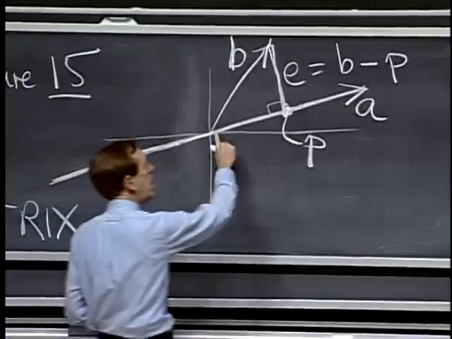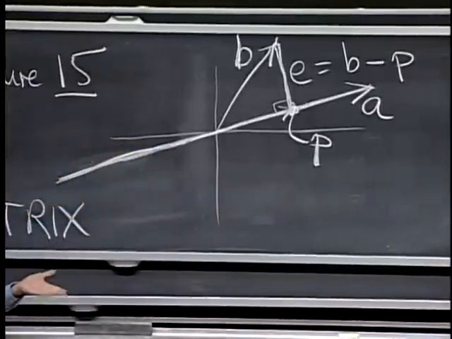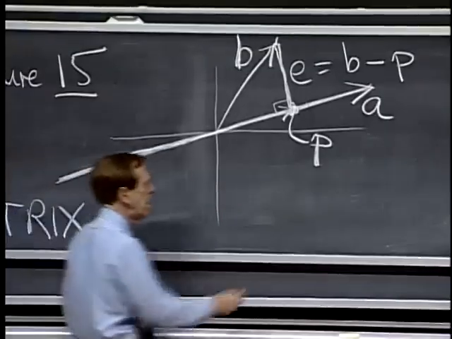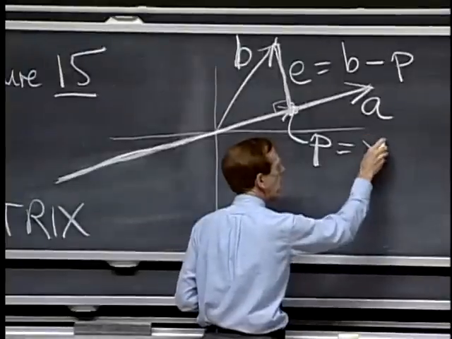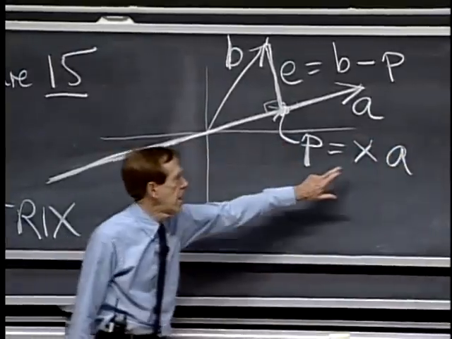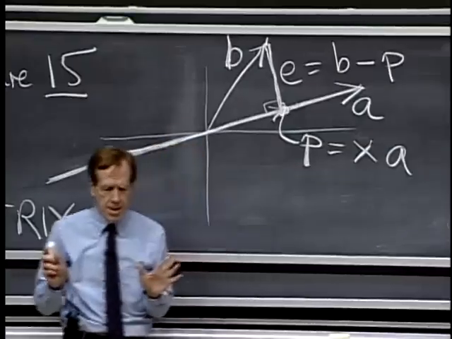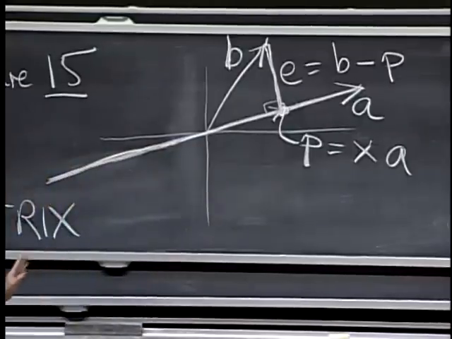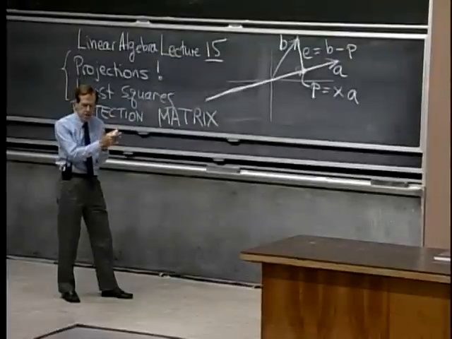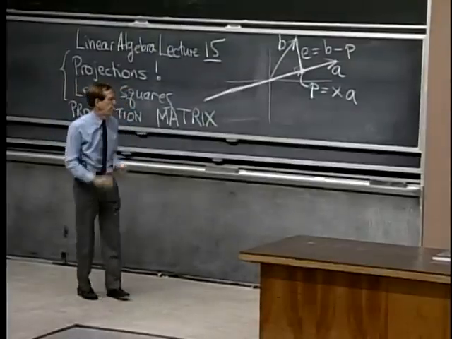We know that P, this projection, is some multiple of A, right? It's on that line. So we know it's in that 1-dimensional subspace. It's some multiple, let me call that multiple x, of A. So really, it's that number x I'd like to find. So this is going to be simple in 1D. So let's just carry it through and then see how it goes in high dimension.